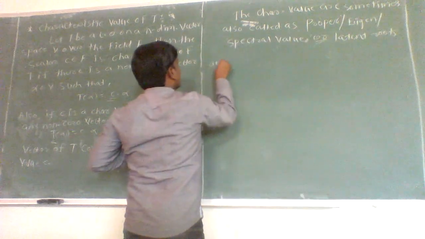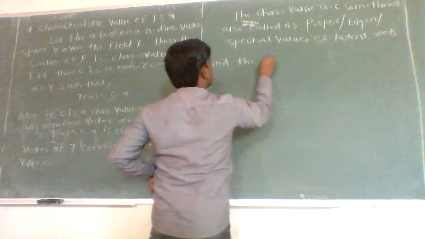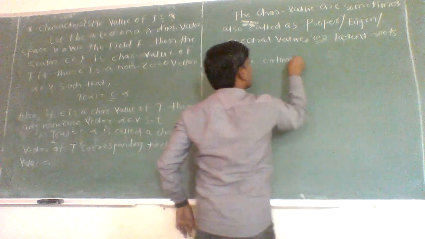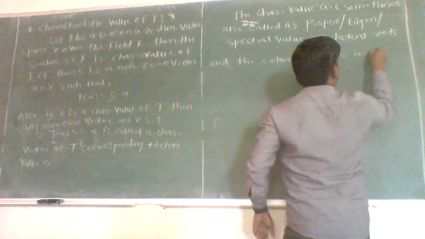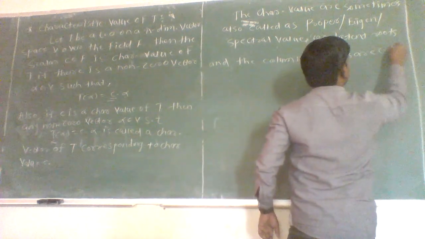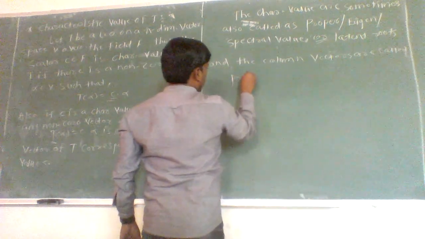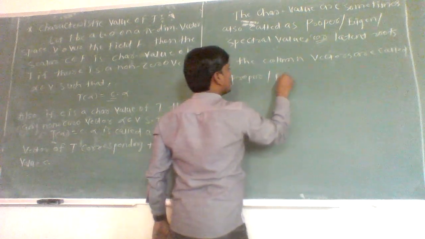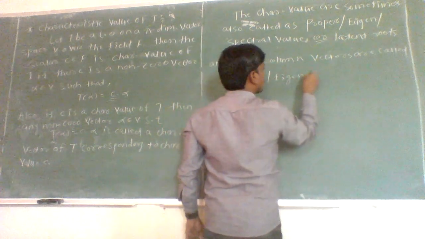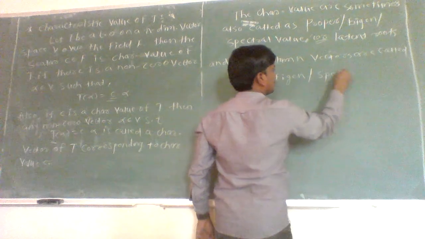And the characteristic vectors are called proper vector, eigenvector, or spectral vector.